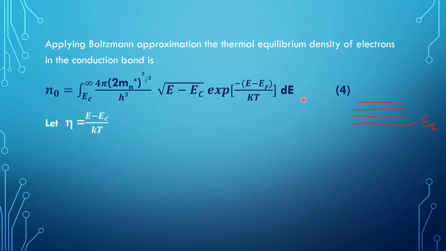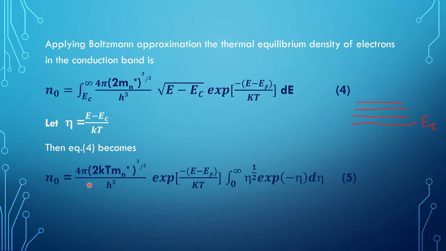Let us consider eta equal to (E minus EC) divided by KT. So equation number 4 becomes N0 equal to 4 pi (2 KT mn star divided by h cube) to the power 3 by 2, times exponential minus (EC minus EF) divided by KT. This is the constant part.